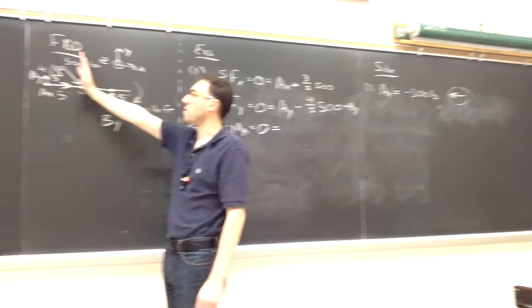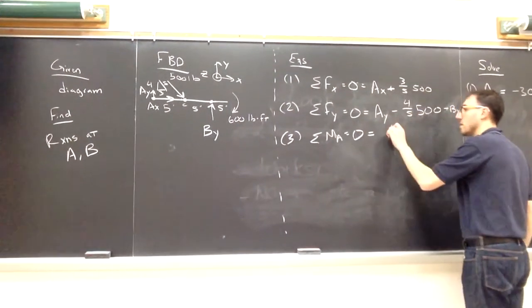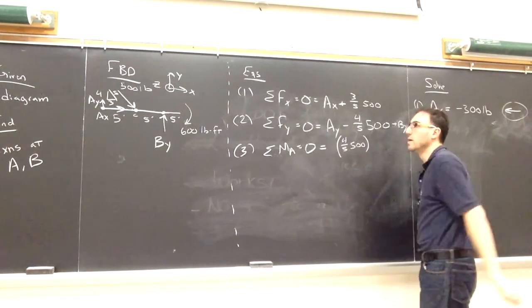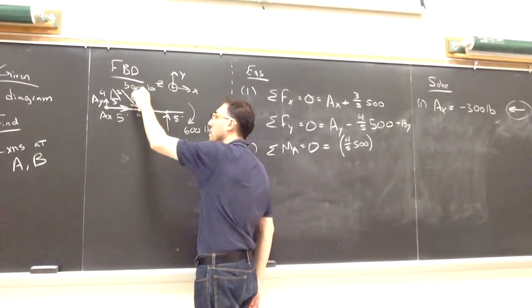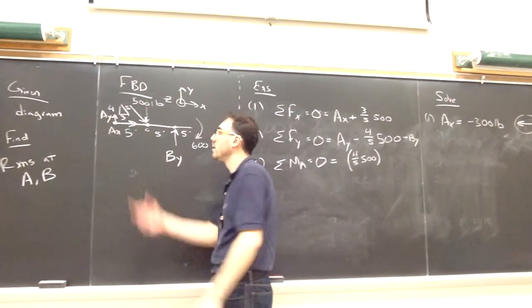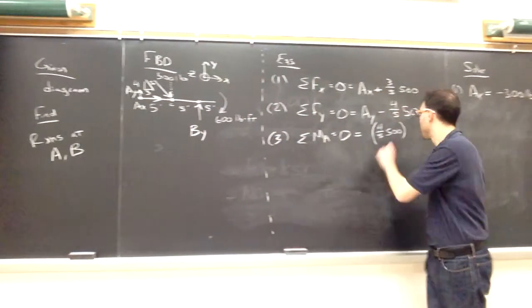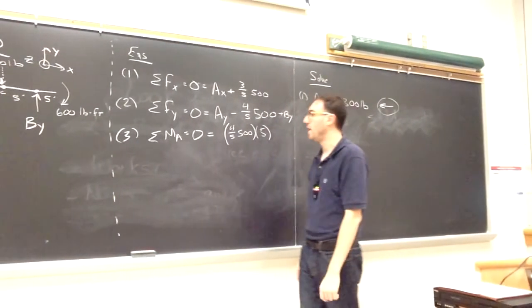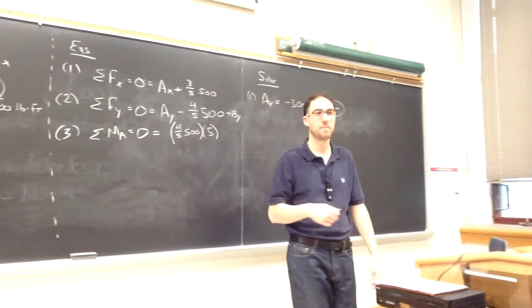I will have the vertical component of this force, the 4/5 times 500, times its perpendicular distance from A. Again, if I'm talking about the vertical component, that has a perpendicular distance of 5 feet. And does the vertical component of the 500-pound force create a positive or a negative moment around A?